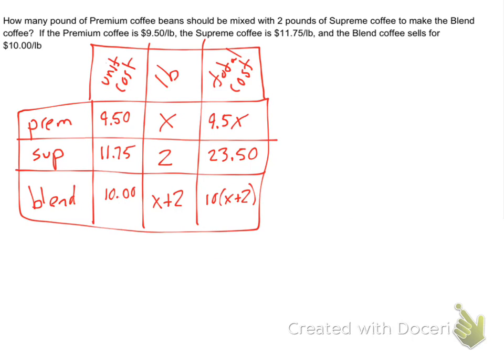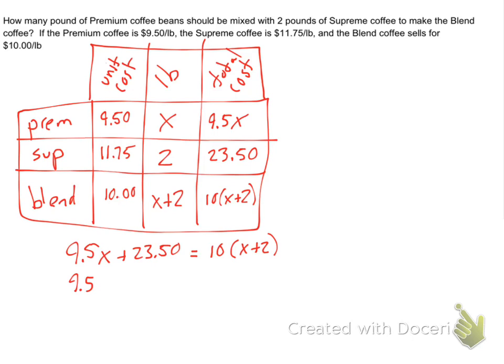So, what can we do? We can say 9.5x plus 23.50 equals 10 times x plus 2. And solve it there. I think the left-hand side's good to go. We've got to do what with the right-hand side?